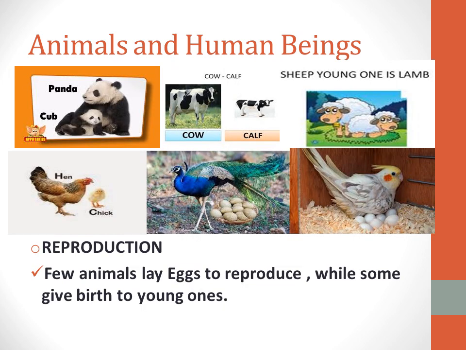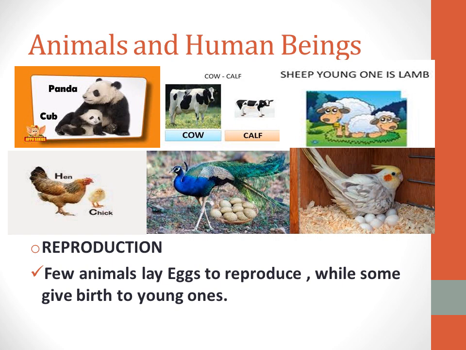The next is we are going to see about reproduction, how animals reproduce. A few animals like hens and birds will lay eggs to reproduce, while a few will give birth to young ones.